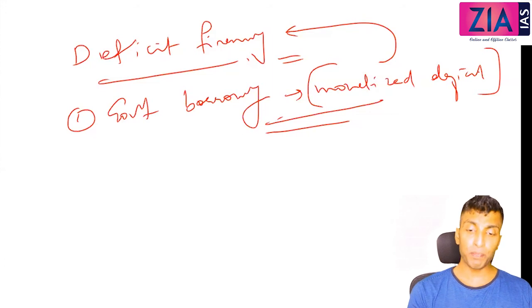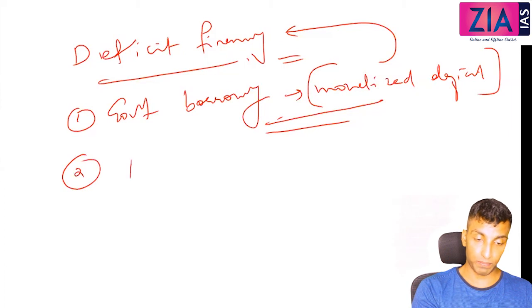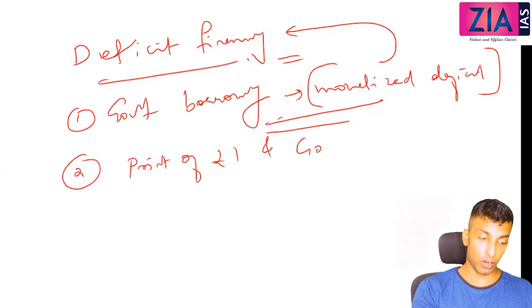That's why I have told you monetized deficit is nothing but deficit financing only. Second, printing of rupee 1 and small denomination coins by the Government of India.